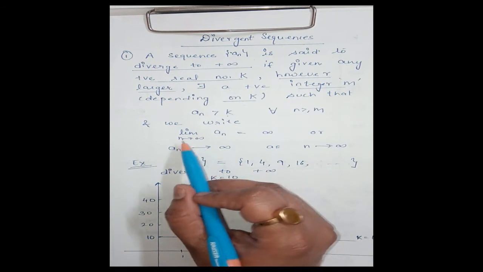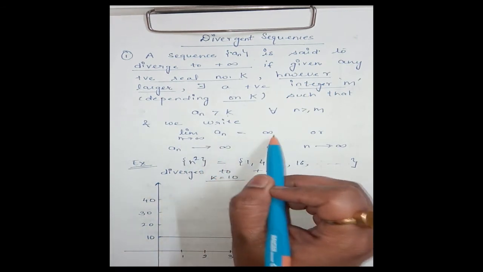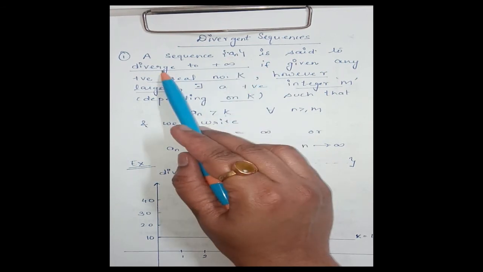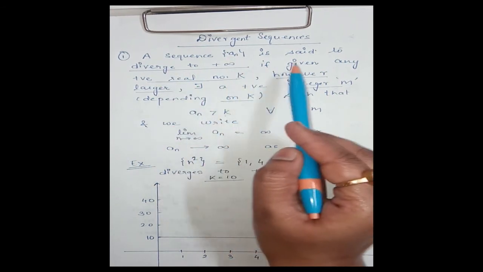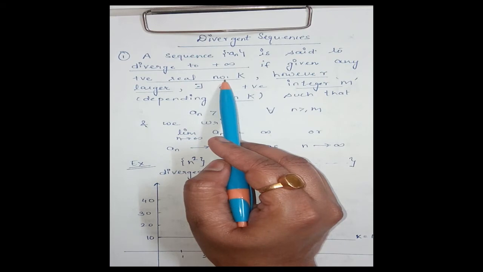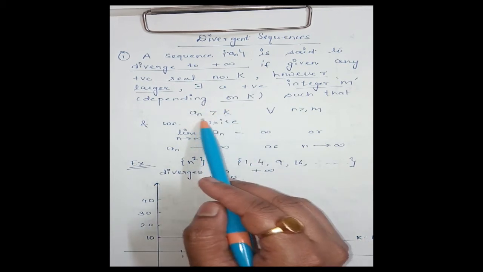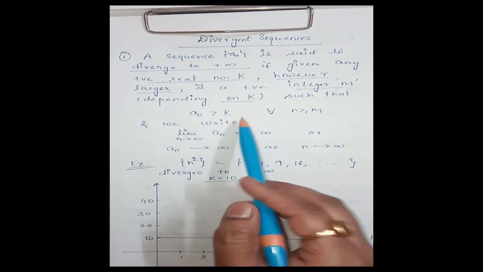Here we write limit n tending to infinity a_n is equal to infinity.